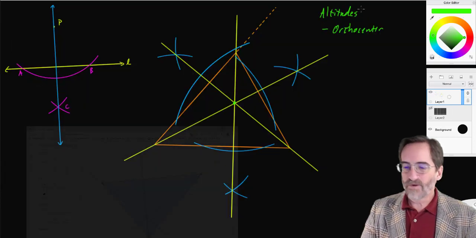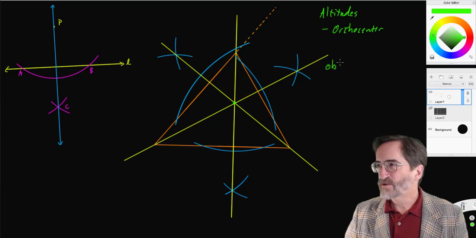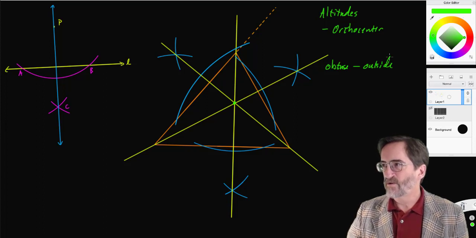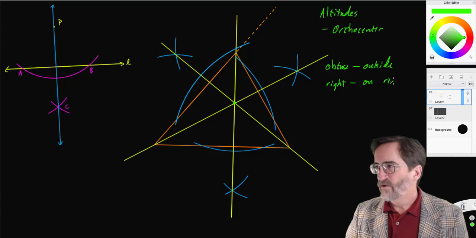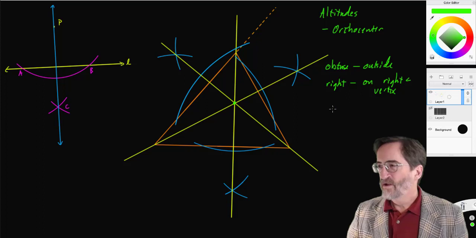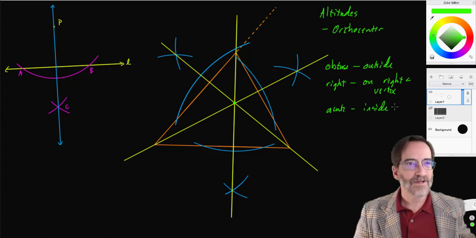So the properties of an orthocenter: for an obtuse triangle, it is outside, beyond the obtuse angle. For a right triangle, it is on the right angle vertex. And for an acute triangle, it is inside the triangle. All right. That's it.